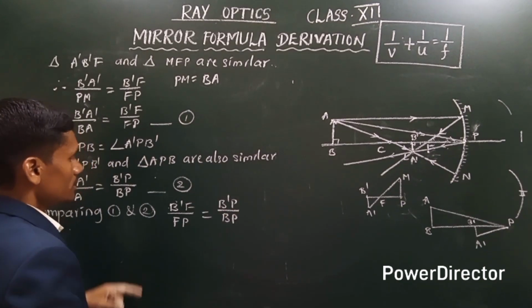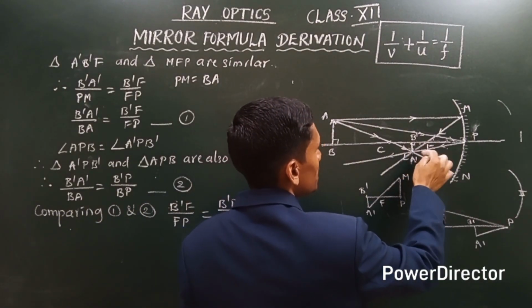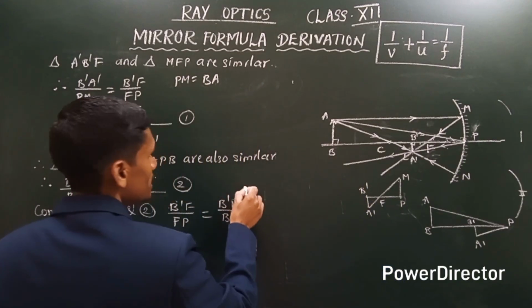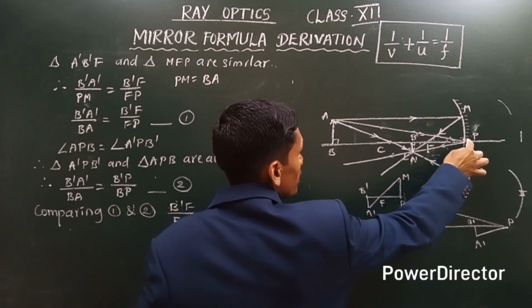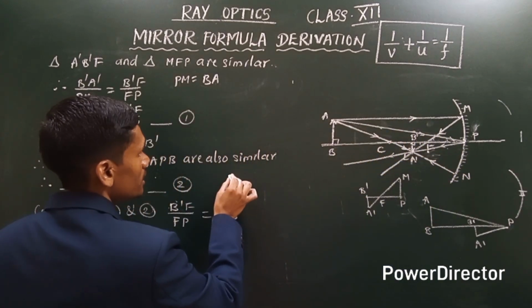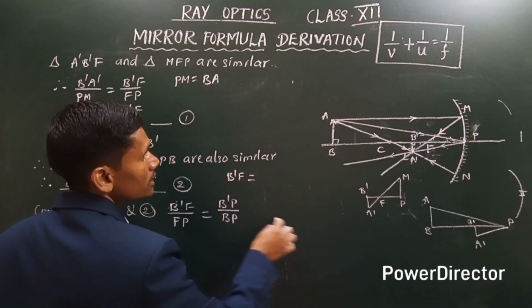Now we can get here B dash F. How do we get it? B dash F means what? It is the image distance, right? Here B dash F is what? The image is formed here, from the pole of the mirror. Then it is the image distance. So what we can say here, B dash F can be got like this.